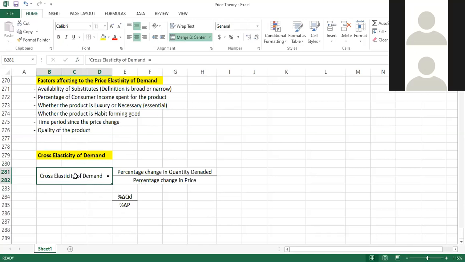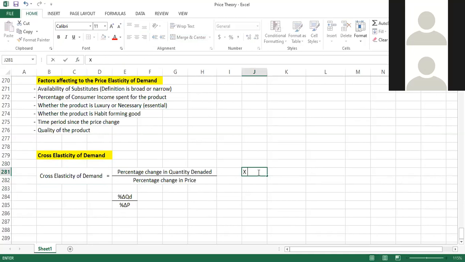Right? So here, cross elasticity of demand means when the price of some other product changes, what is the change in the quantity demanded of the product under concern? So there, it is important to know what is this product and what is the other product. We need to identify what is this product and what is the other product, right?